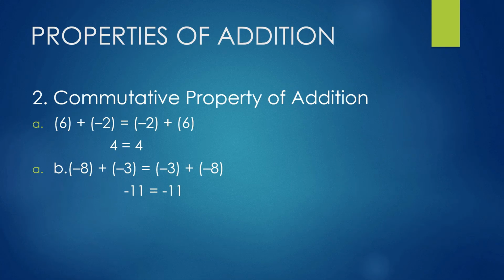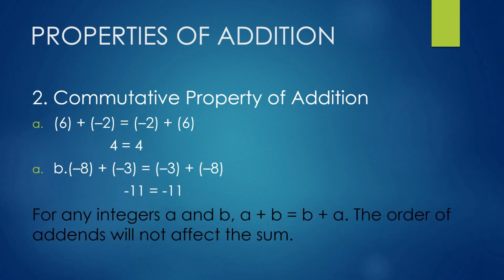On the right side it is also negative 11 because both are negative. We just add the integers, 8 plus 3 is 11, and copy the sign, which is negative. So for the commutative property, for any integers a and b, a plus b is equal to b plus a. Changing the position of the addends will not affect the sum.